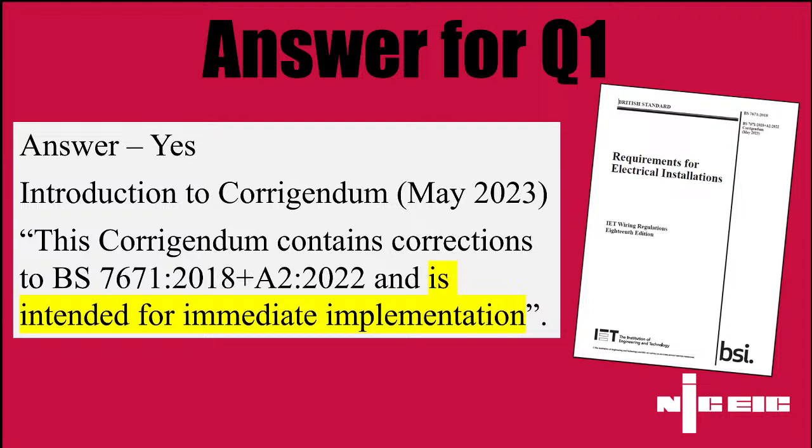No, I think the corrigendum was a welcome clarification around 7671 of some of the requirements within it, deletion of some of the items and clarification over certain things. So if you haven't read it already, it's only a few pages long. Make sure you're conversant with it out there in the world, because it's important that we're working towards it. Yeah, it does make some changes, and particularly if you're in the protected escape route world or the medical location world, it has some impact.